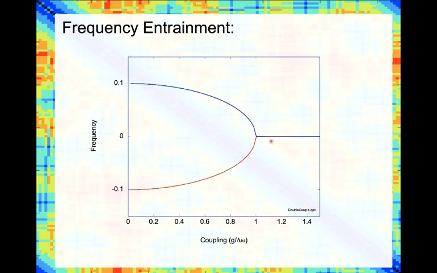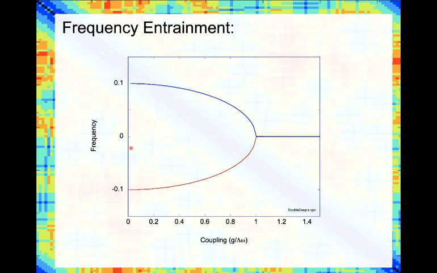The locking, or the fixed points, occur when the total G, which is G1 plus G2, so this is just a rescaled G, is greater than the frequency offset. Then there is a fixed point and these will lock. But what's interesting is that even if G is below the critical G, so the critical G over delta omega equals 1, when you're below the critical G, you still actually have what's called mode pulling or frequency entrainment.